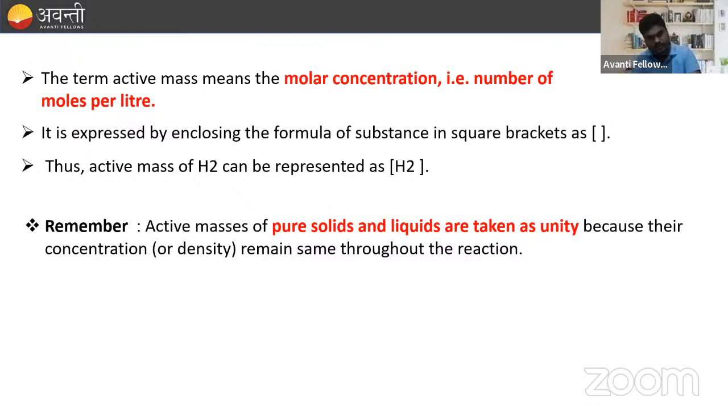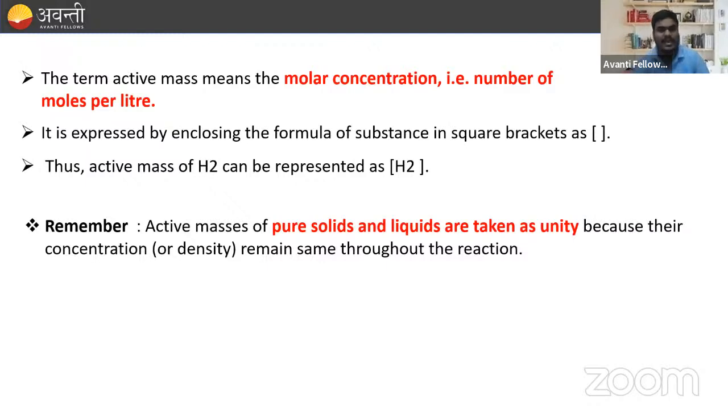Now, it is expressed by enclosing the formula of the substance in square brackets. So always remember this thing. You always represent active masses, that is the molar concentration, the number of moles per liter, like this. Thus, the active mass of H2 can be represented as [H2].